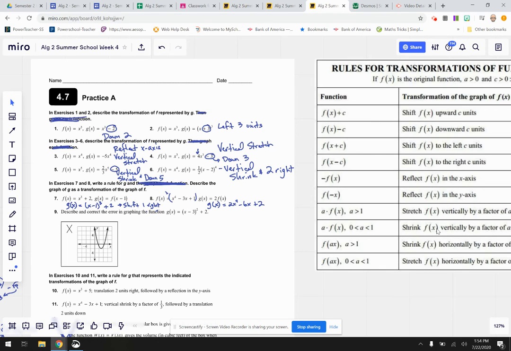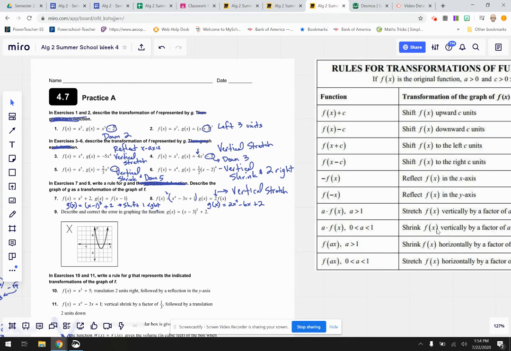Or you could just put a 2 in front and not distribute it. Either way, when you multiply by a 2 out here, that we call a vertical stretch. All right, that would be it.